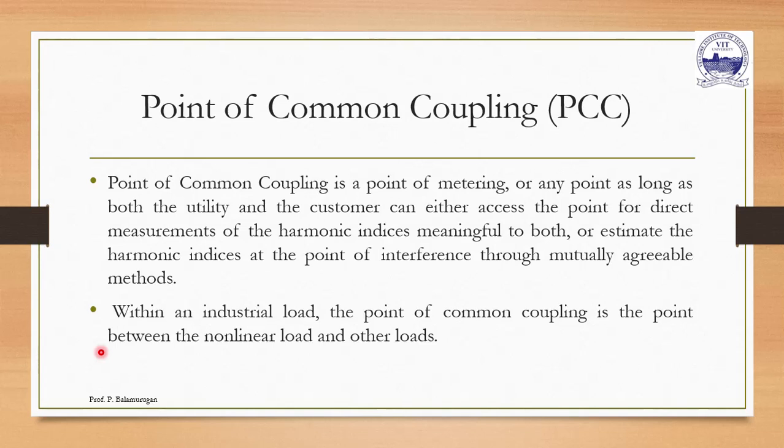In order to understand the guidelines, first we have to know the point of common coupling. The point of common coupling is a point of metering, or any point where both utility and customer can either access the point for direct measurements of harmonic indices meaningful to both, or estimate the harmonic indices at the point of interference through mutually agreeable methods.